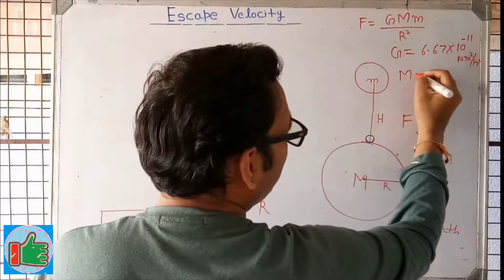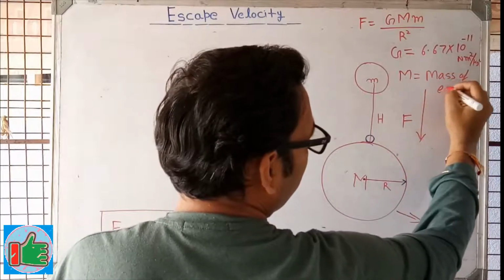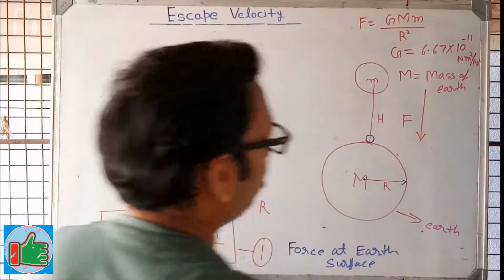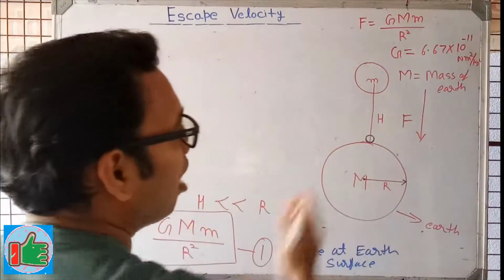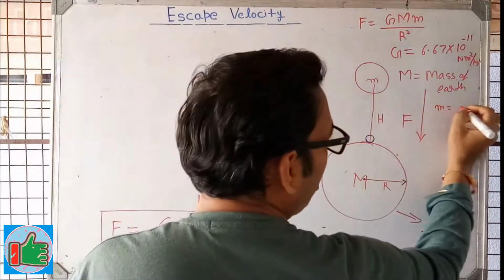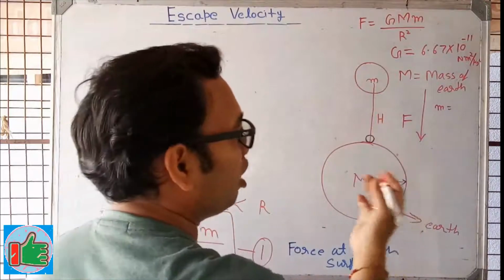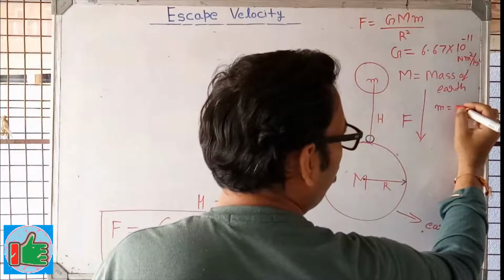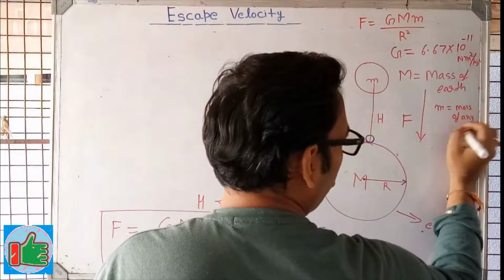Capital M is the mass of the earth, we are taking with the help of earth only. Small m is the mass of the object, any object being kept, or any rocket or whatever.